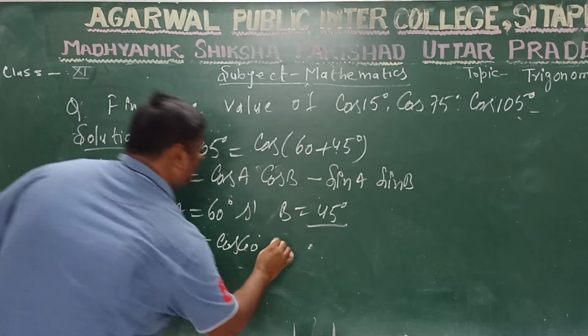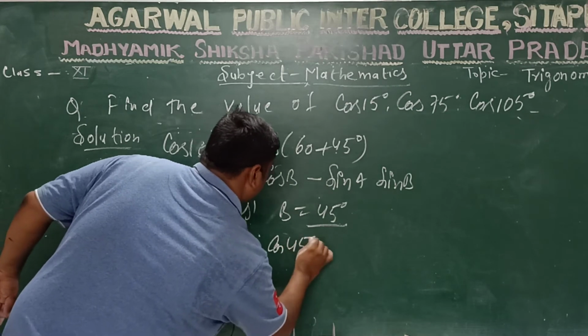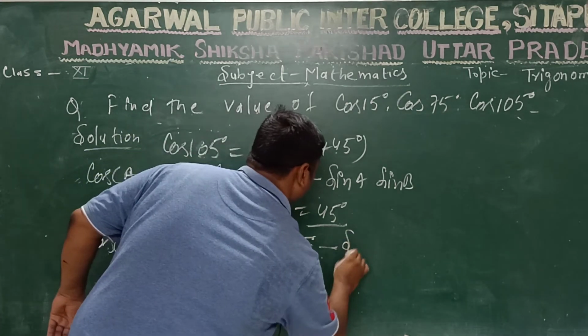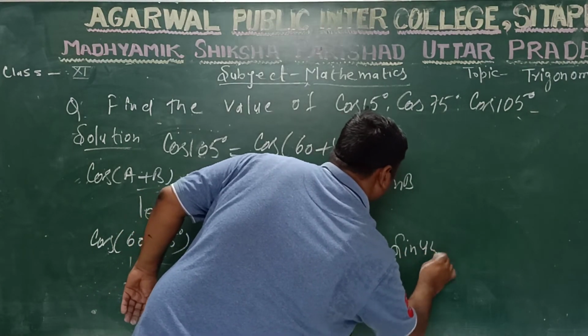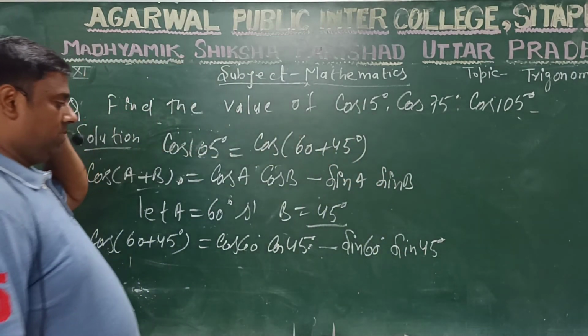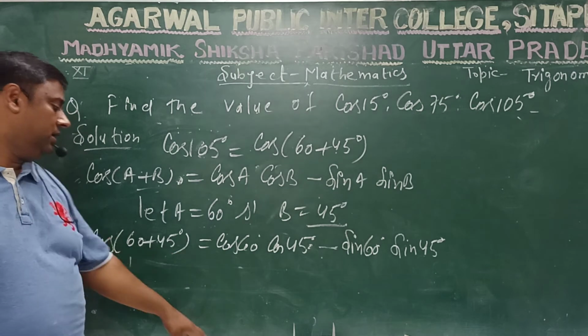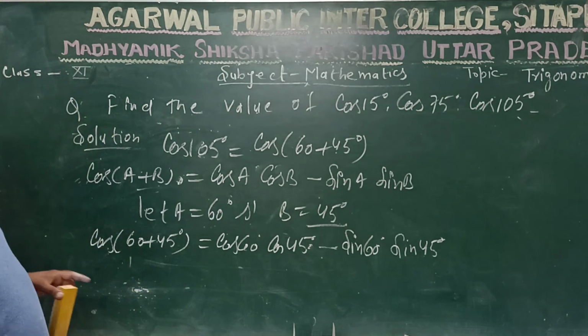Cos 60 degree cos 45 degree minus sin 60 degree sin 45 degree. Okay, my dear students, first of all you have noted the solution.